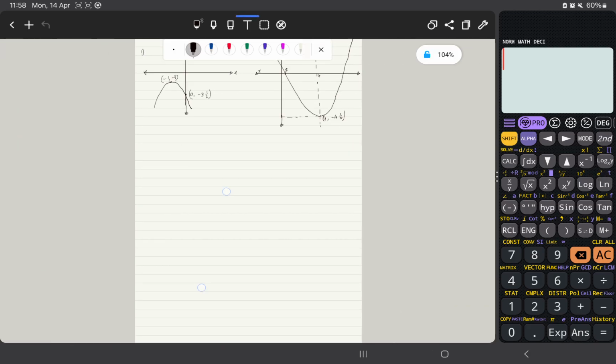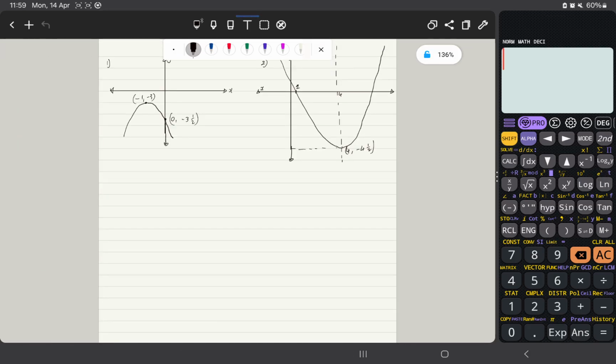I'm gonna use these two graphs now to illustrate what we did say. They are different, which is gonna help us broaden our understanding about parabolas. With one parabola we have the turning point and one extra point.